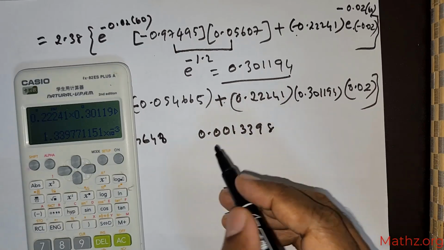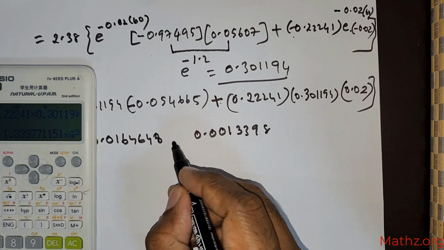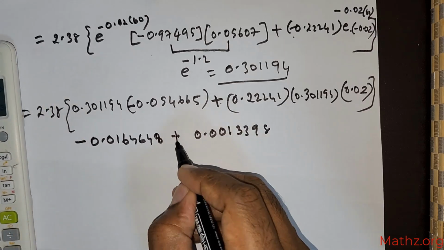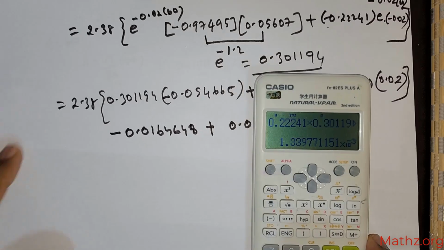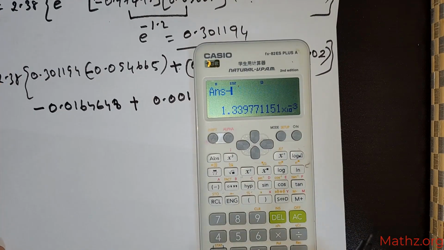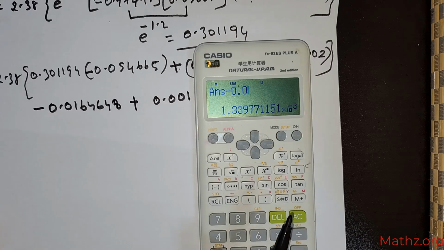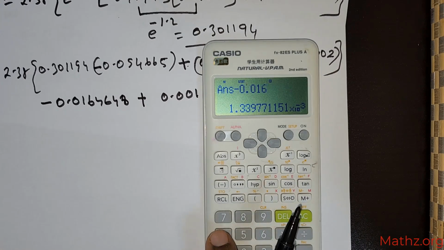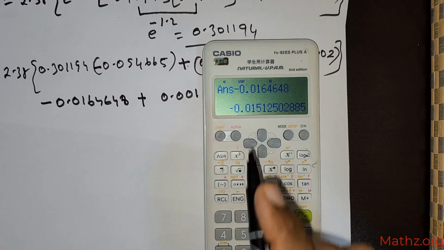Okay, I'm just taking this. So it's 1, 2, 3, 10 to the power of minus 3, and you have a plus sign there. Now from this, if I were to subtract 0.016468. Okay, I'm getting this value.